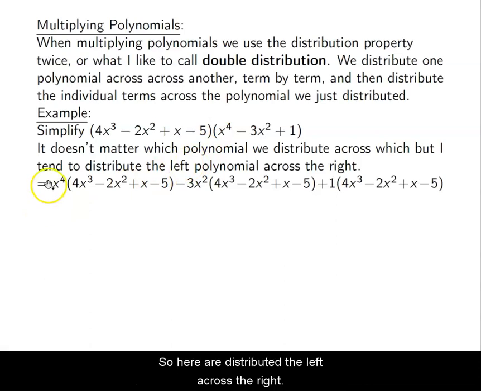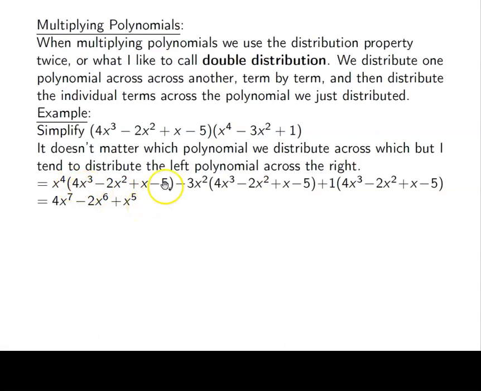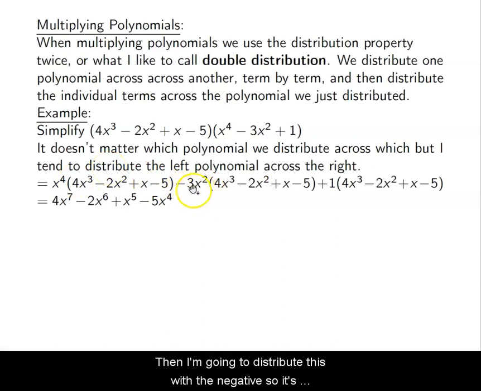So here I've distributed the left across the right. Now I'm going to distribute this x^4 against these 4 terms. So we have 4x to the 7th minus 2x to the 6th plus x to the 5th minus 5x to the 4th. Then I'm going to distribute this with the negative, so it's going to change all the signs.